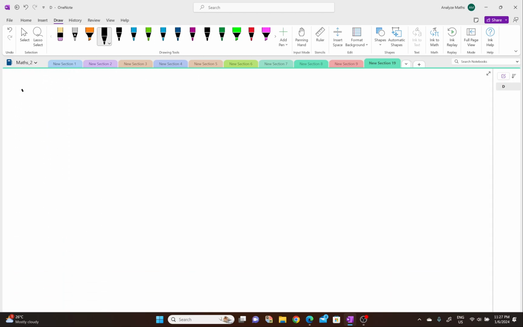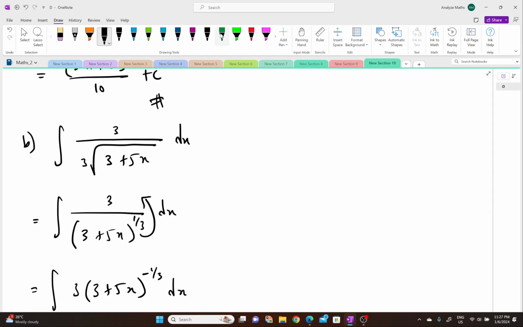D. If you notice here, all the way you can see the power is 1.